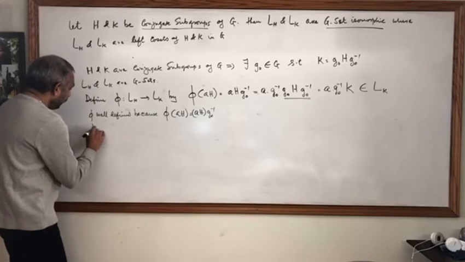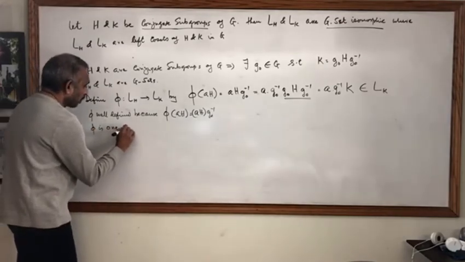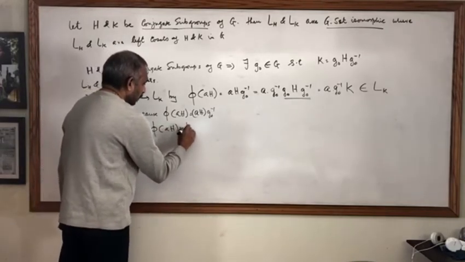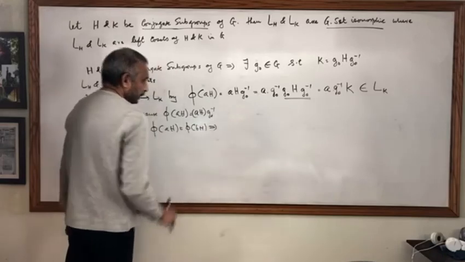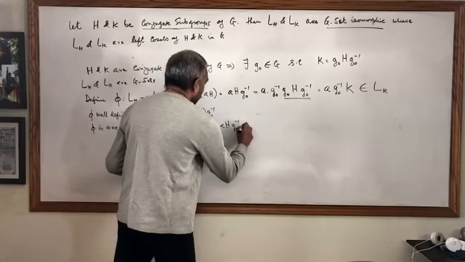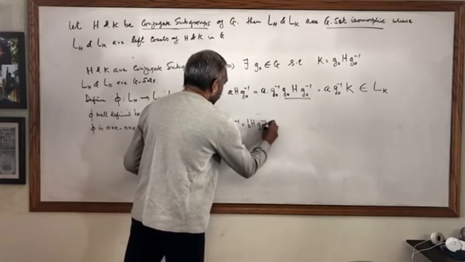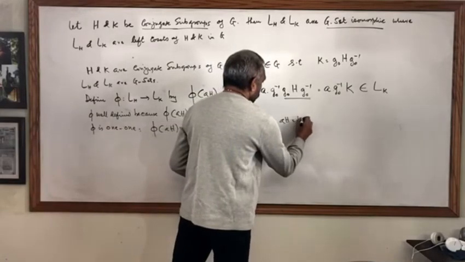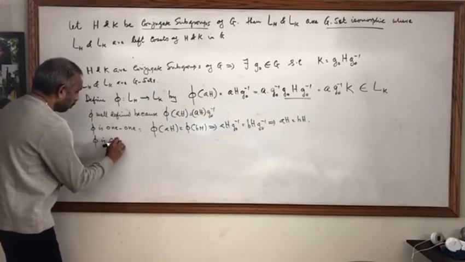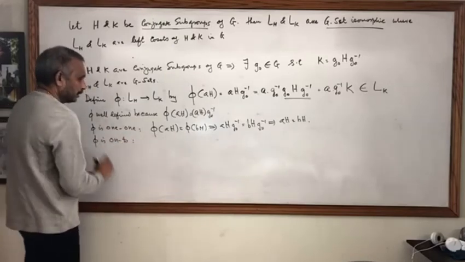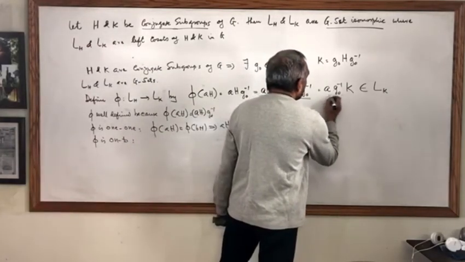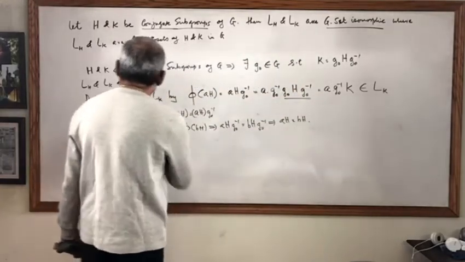Now phi is 1, 1 because phi of AH is equal to phi of BH implies AH G0 inverse equal to BH G0 inverse. That implies AH is equal to BH. Phi is onto because this is an element in LH.